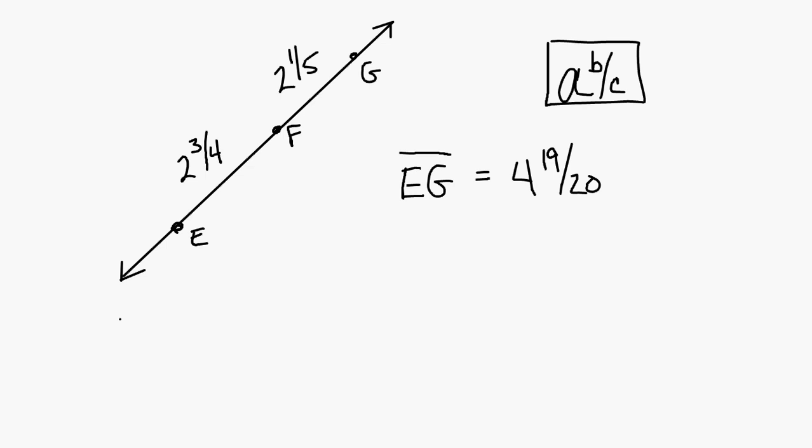Let's take a look at it again. You don't have to write this. Just watch and calculate. Let's say we got a line and there's some pieces on that line, A, B, and C. And we know this.